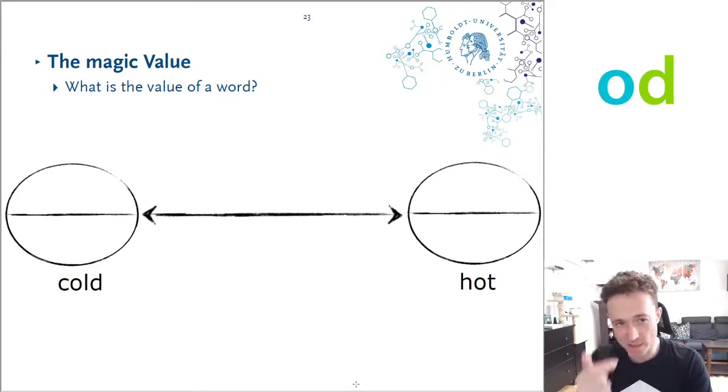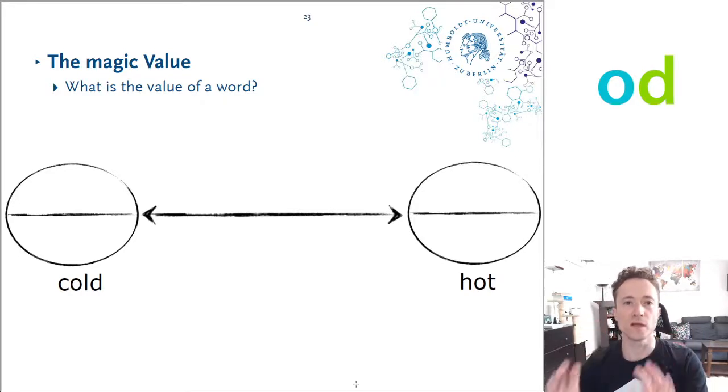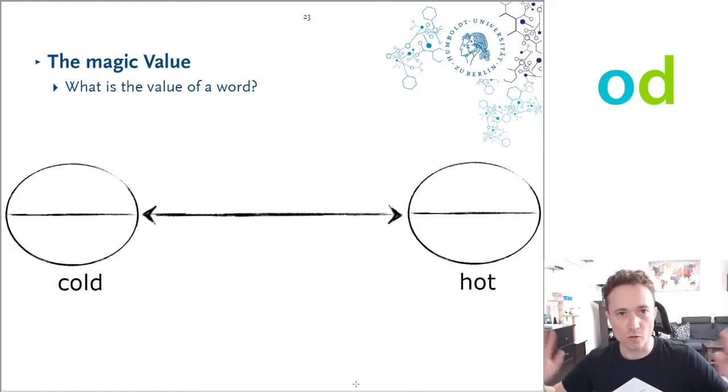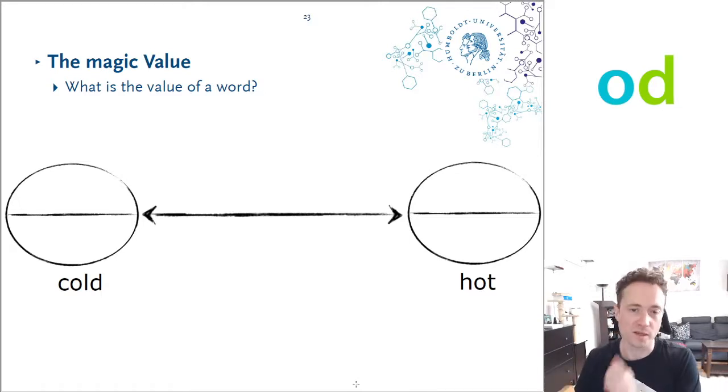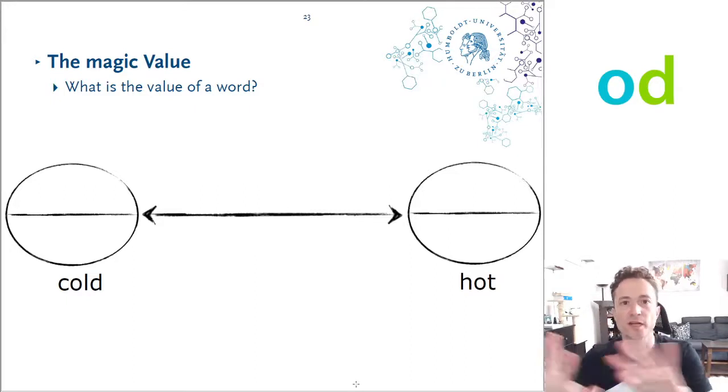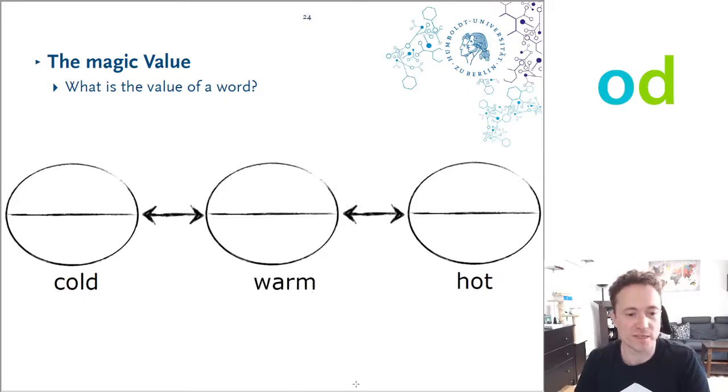If you only have these two words, and you don't have another word to describe temperature, cold and hot have to be used for all the temperatures. It's either cold or hot. You have to decide. It's covering a whole range of possible meanings. So the value of cold and hot in this context is pretty high. It's covering a lot of references.